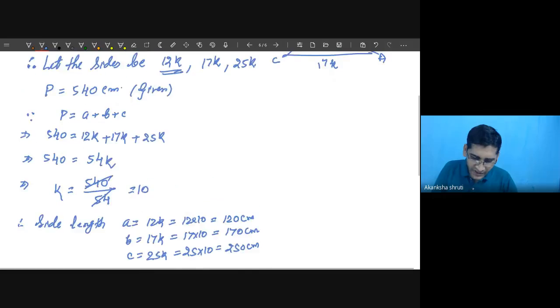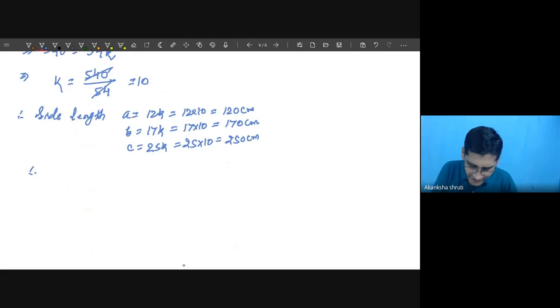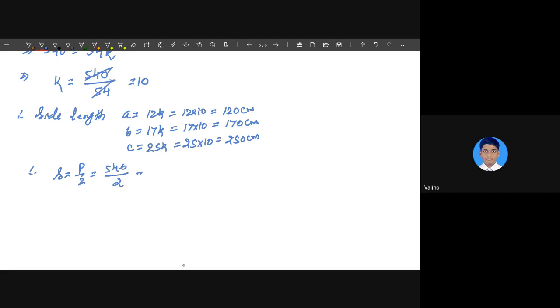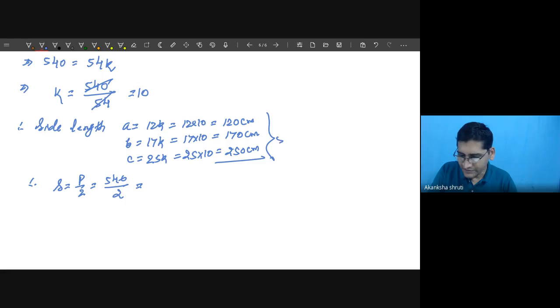Yes. Now, students, here the perimeter is already given. Therefore, the semi-perimeter is what? P by 2. So it is 540 by 2, which is already given. Or even if you add these three, you will get 540, the same thing. So whether adding it or directly if it is given, no need to add it.